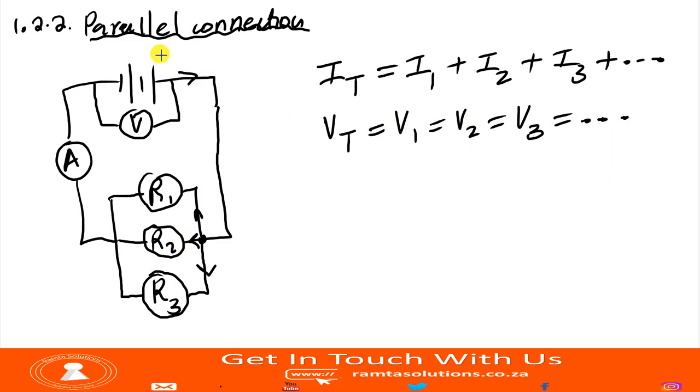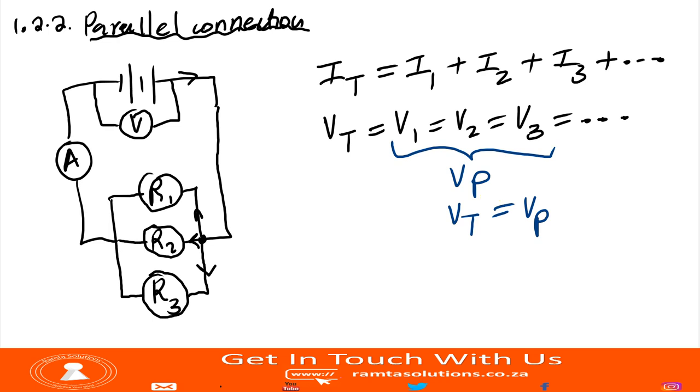This part, guys, we can call it VP if you like. So this could therefore be the total potential difference. When you have a connection like this, it is basically equal to V sub P.